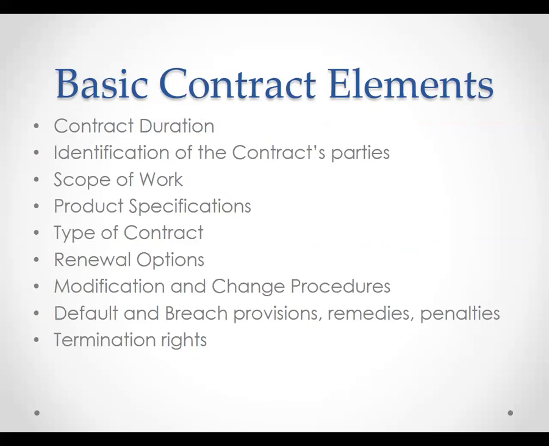The scope of work, product specifications, the type of contract, is it cost reimbursable or fixed price, renewal options if available, steps to be taken if modification or change procedures are required, default or breach provisions, remedies, penalties, what happens if something goes wrong, termination rights.